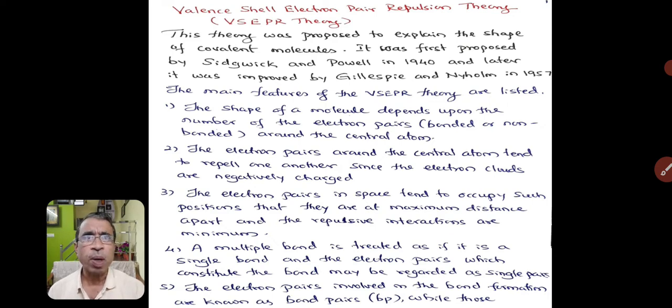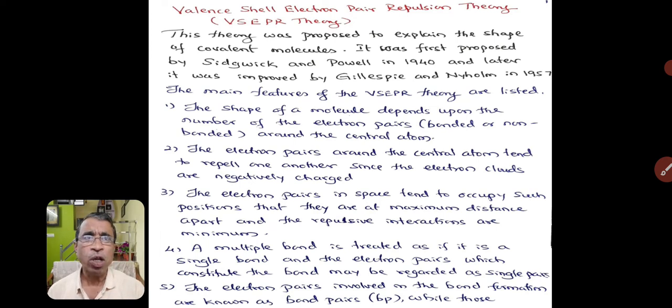As I have said, this theory was proposed to explain the shape of covalent molecules. It was first proposed by Sidgwick and Powell in 1940, and it was later improved by Gillespie and Nyholm in 1957. The main features of the VSEPR theory are listed below. Number 1.